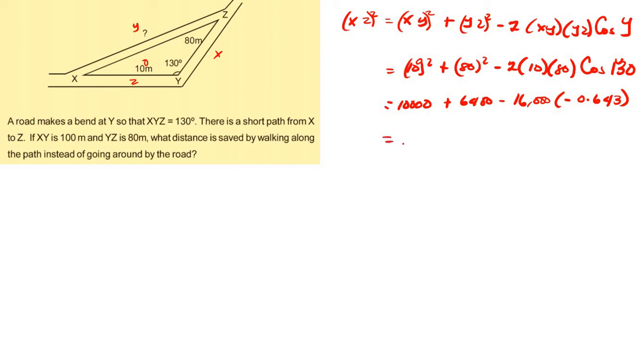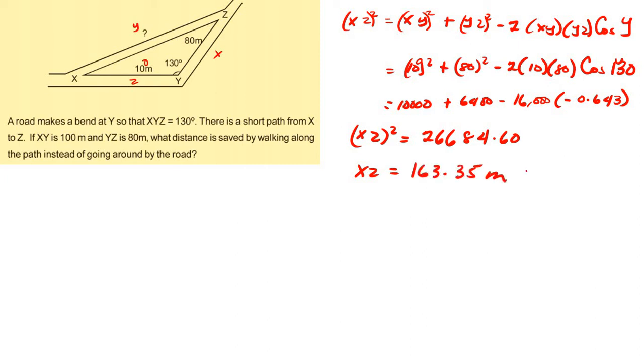Answering that, we will have xz squared is equal to 26,684.60. Getting the square root of both sides, xz is equal to 163.35 meters.